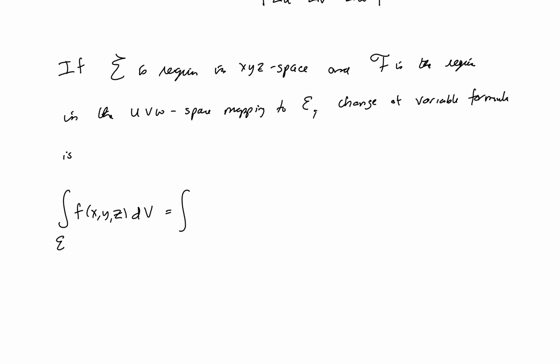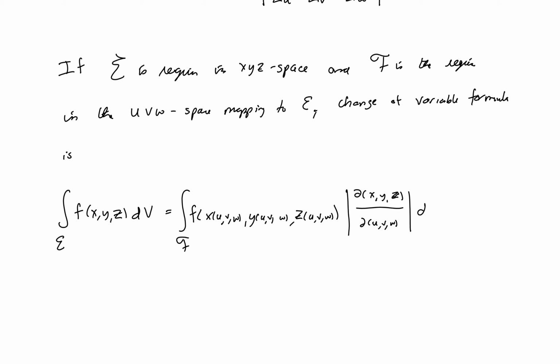So this is going to be then the integral over our curly F region of f of x of UVW, y of UVW, z of UVW. Then we want the absolute value of our Jacobian. And then du dv dw. So just like before, we just have more variables in this case.